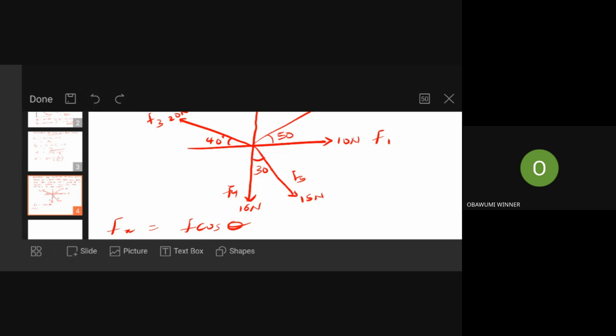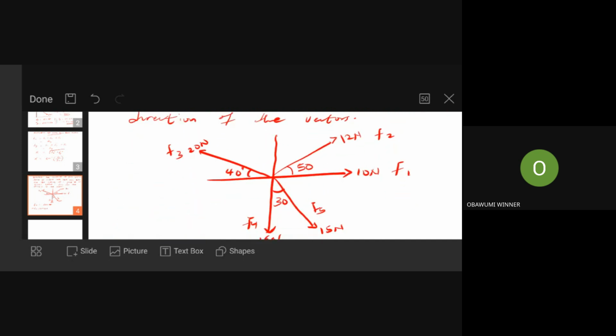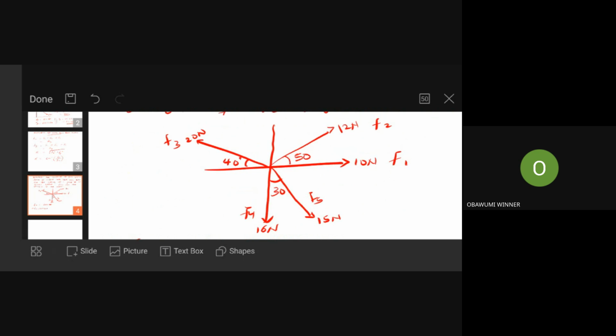What's the angle 10 Newton makes with the horizontal? It makes angle 0 because it is simply lying on the horizontal line, so no angle is made. So I have f of x, I have 10 cos 0. That's the first one. Then I put my positive sign. Remember, everything on the right-hand side for the horizontal component is what? Positive. All right. So I go to my F2, which is still on the right-hand side for the horizontal.